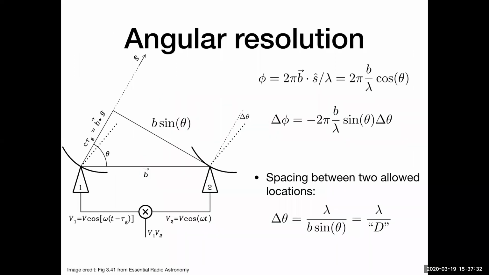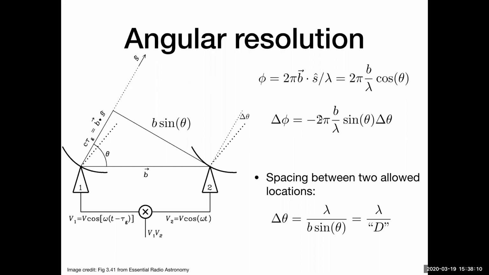So we can also talk about the angular resolution of these different fringes that we see, this angular sensitivity. The phase difference between the telescopes is defined using this B dot S. If we are looking at a source that's some angle theta from the horizon, then this geometrically works out to a cosine theta from the dot product.